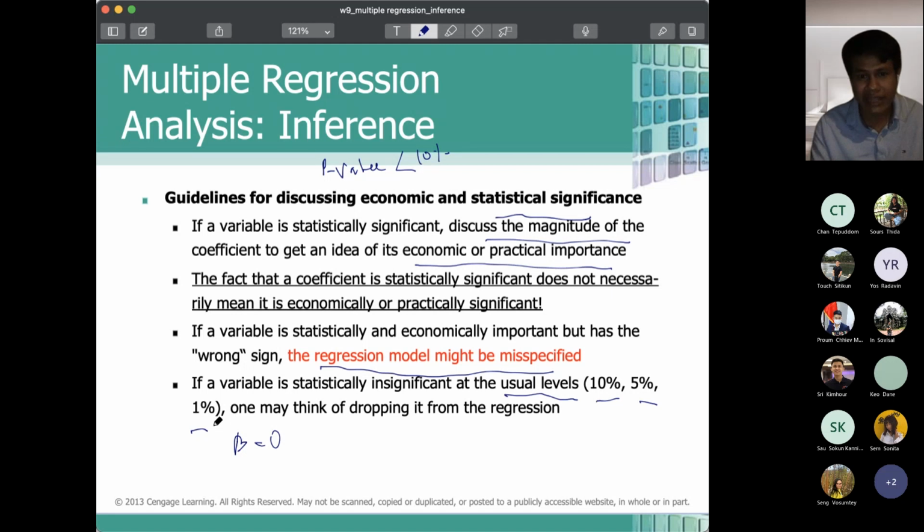If p-value is less than 1%, you say, all right, we reject null hypothesis at 1%. If it is higher than 1 and lower than 5, you say, all right, we reject null hypothesis at 5%. But if it is higher than 5 and lower than 10, you say, we reject null hypothesis at 10%. However, if p-value is higher than 10, you say, we fail to reject null hypothesis. All right?